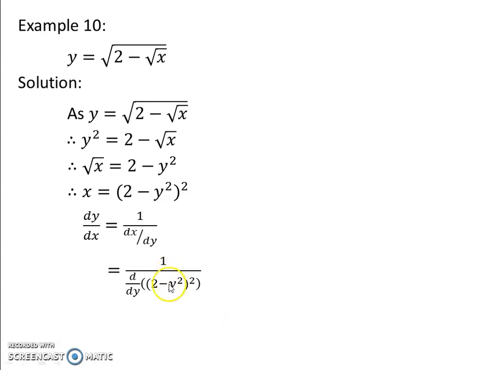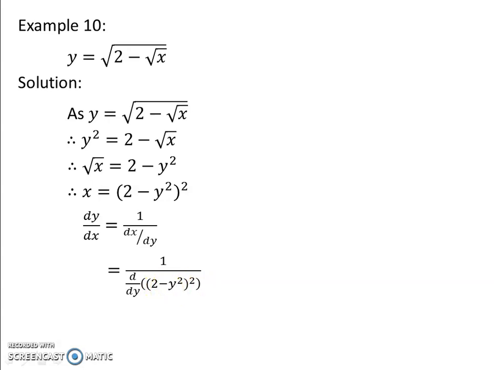So this is something square. It is not y square, it is (2 minus y square) square. So we have to use the formula for something square. By the formula for something square, we get 2 into (2 minus y square) into the derivative of 2 minus y square. And what is the derivative of 2 minus y square? Derivative of 2 is 0, minus the derivative of y square, which is 2y.